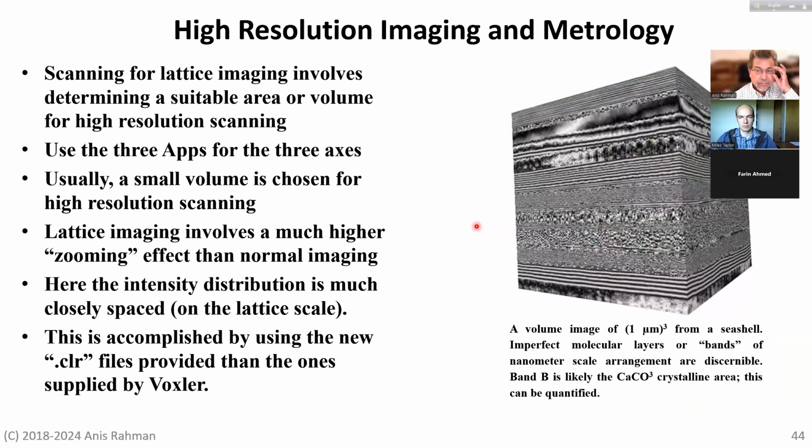Next, here is another example of measuring lattice parameters. Now, this is not a very scientific sample. This is a seashell, which is a nature-made sample. Seashells have a lot of importance, a lot of scientific curiosity, as well as application.